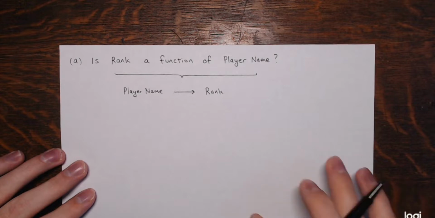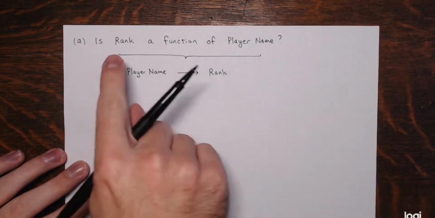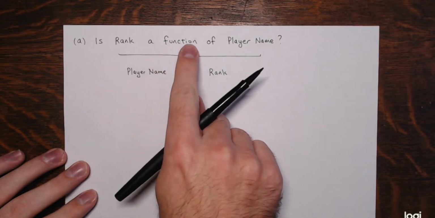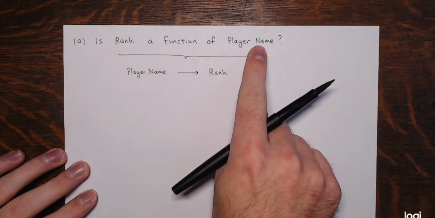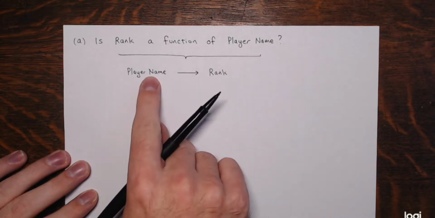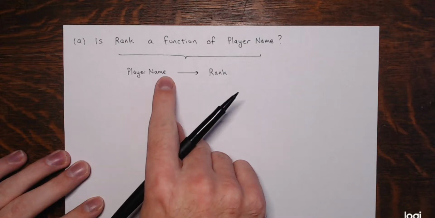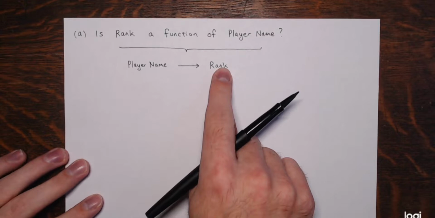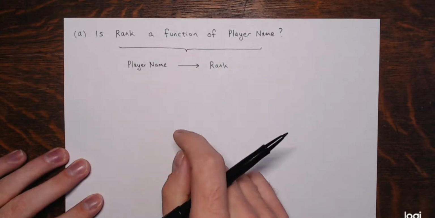So they asked this question: is rank a function of player name? This means that every player name needs to be paired with exactly one rank. Does this happen?